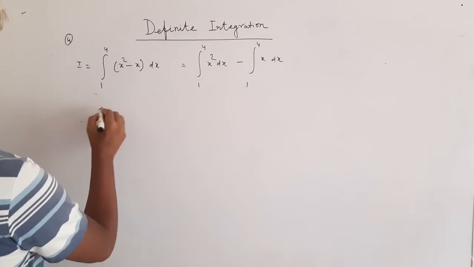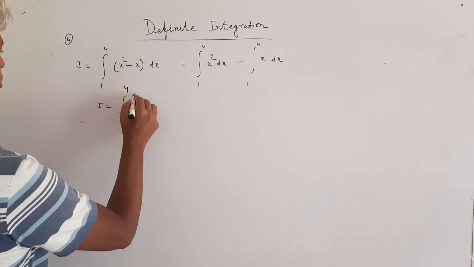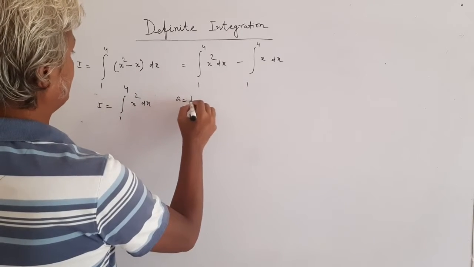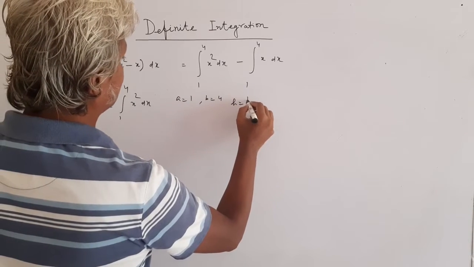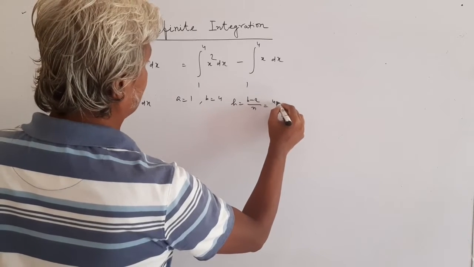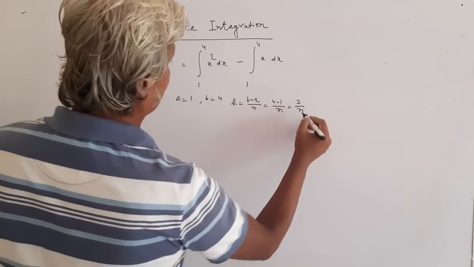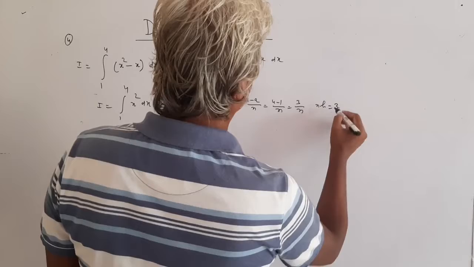So first I solve this one, I equals the integral from 1 to 4 of x square dx. In this case a is 1, b is 4, h is (b minus a) over n, that is (4 minus 1) over n, that is 3 over n, meaning nh equals 3.